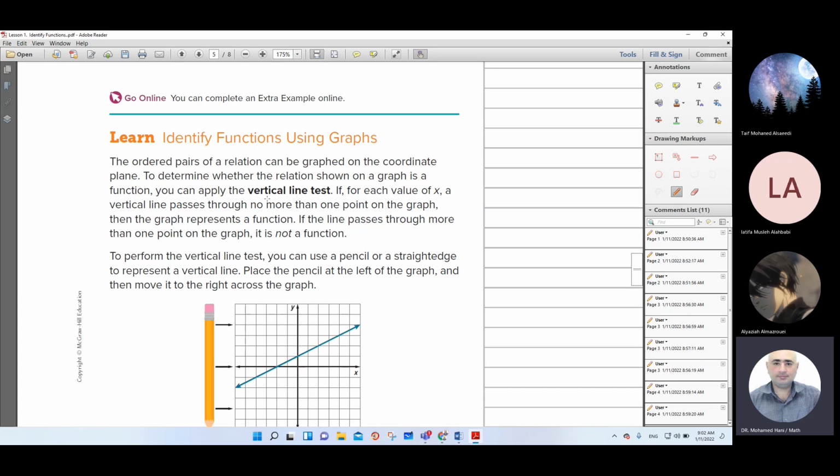If for each value of x a vertical line passes through no more than one point on the graph, then the graph represents a function. If the line passes through more than one point on the graph, it is not a function.